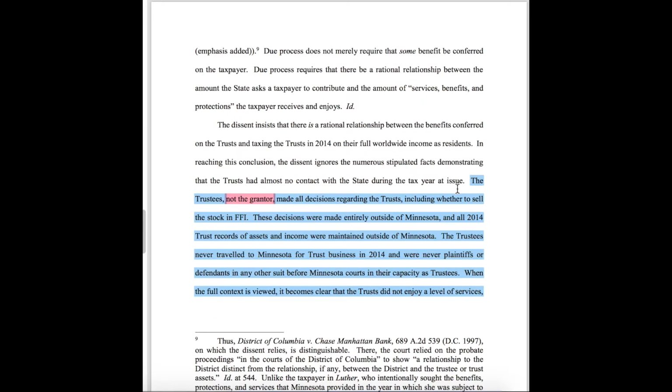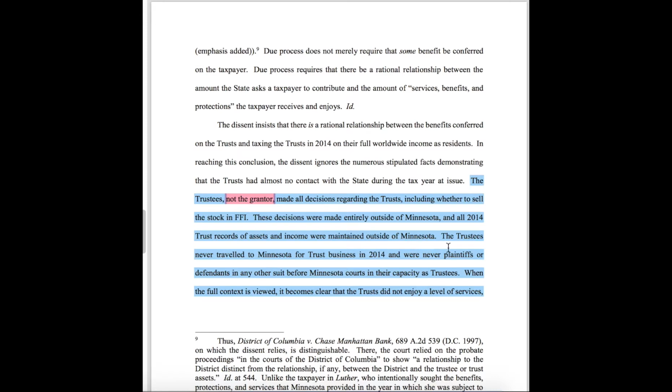The trustees, not the grantor, made all decisions regarding the trust, including whether to sell the stock in FFI, that is the Minnesota Corporation. These decisions were made entirely outside of Minnesota, and all 2014 trust records of assets and income were maintained outside of Minnesota.